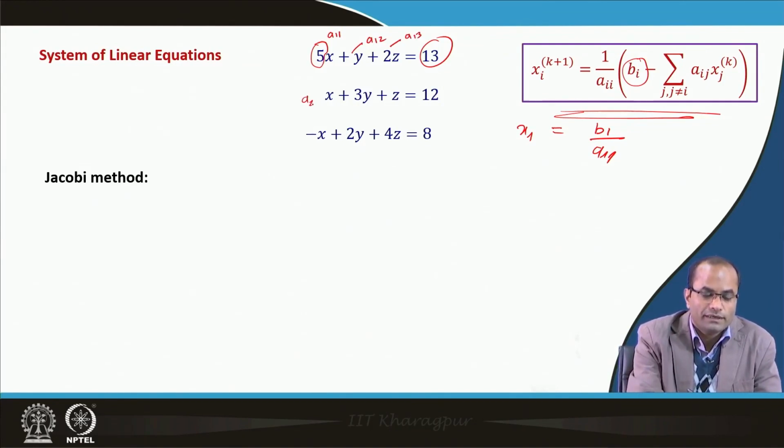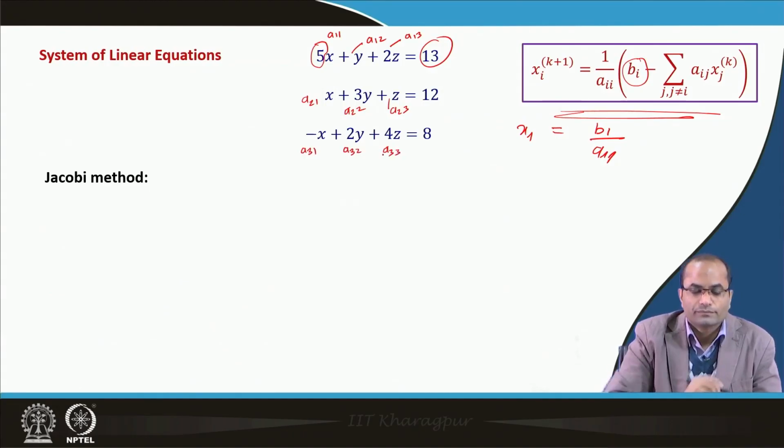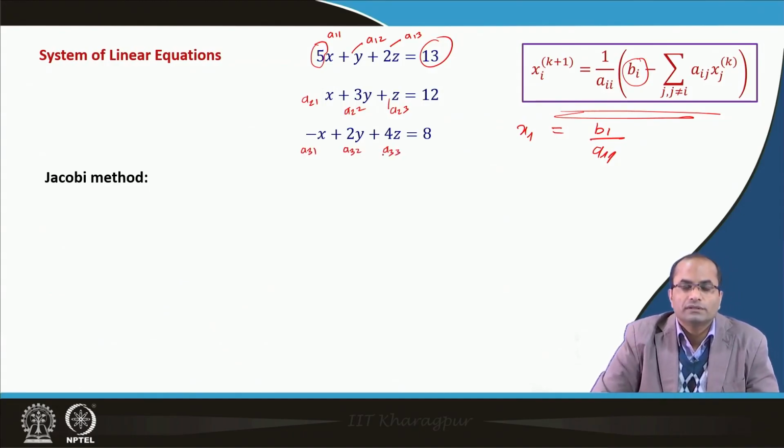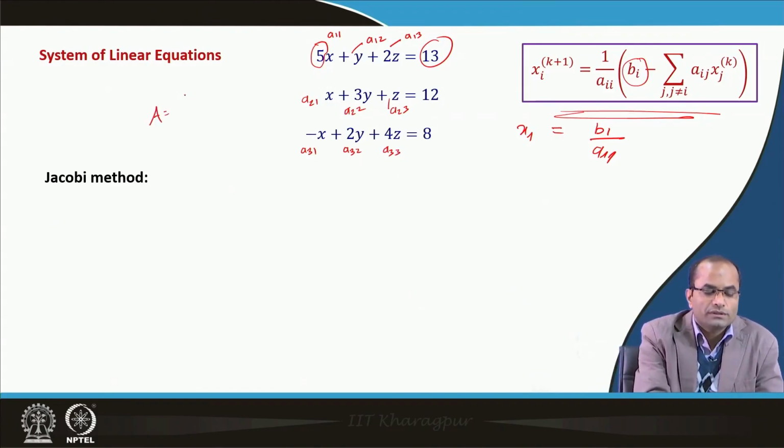Here again we have a 2 1, this is a 2 2, this coefficient is a 2 3, and then here we have a 3 1, a 3 2, and a 3 3. So, these are the coefficient matrix, which can also be written in this form as a 1 1, a 1 2, etc.